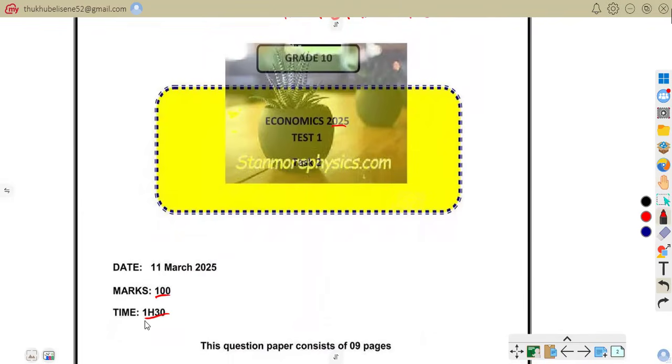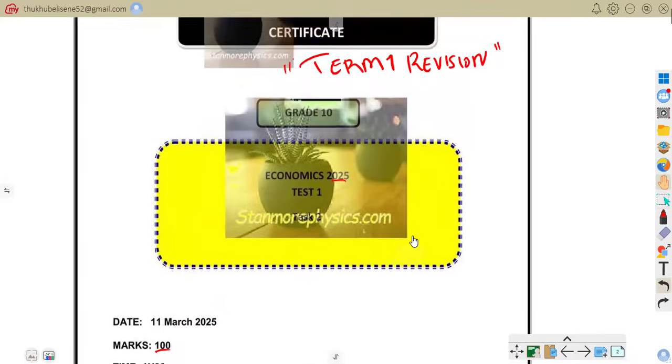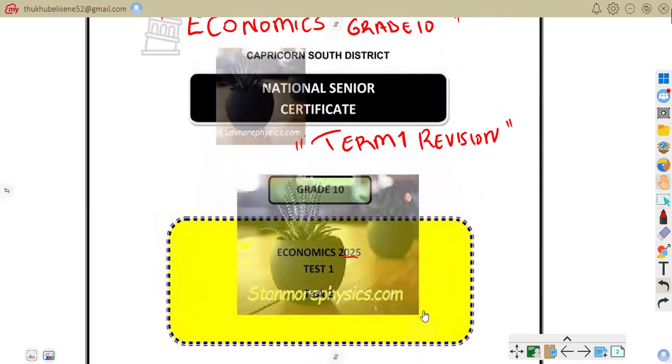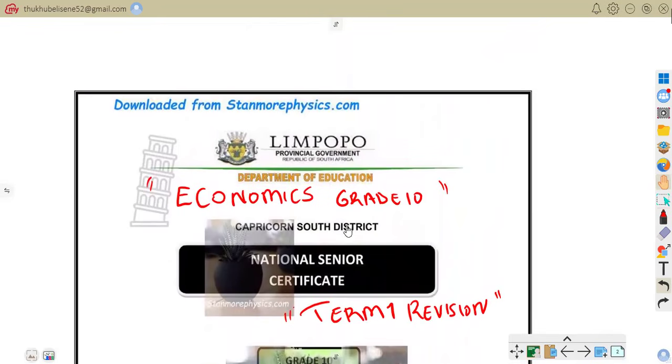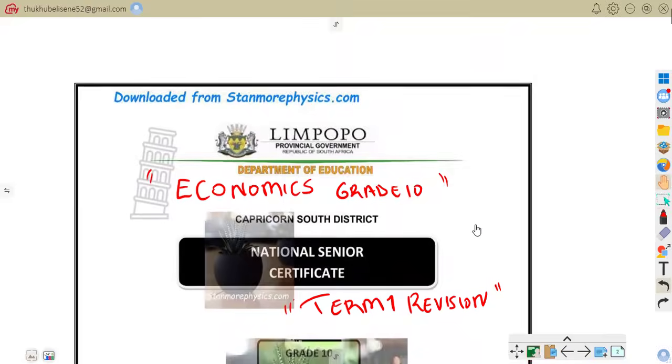You have to take 1 hour 30 minutes to write this paper. We are going to use this question paper to prepare ourselves for the Term 1 paper that you are going to write anytime soon.